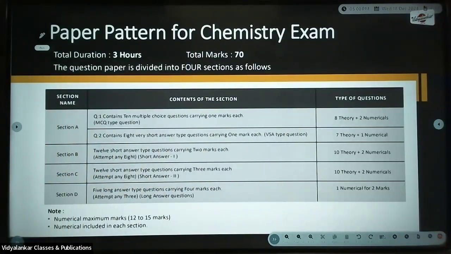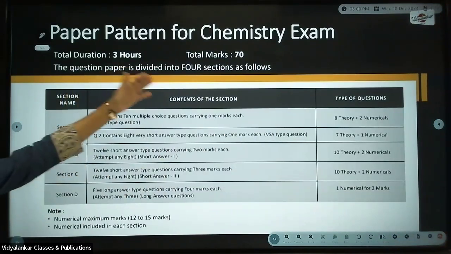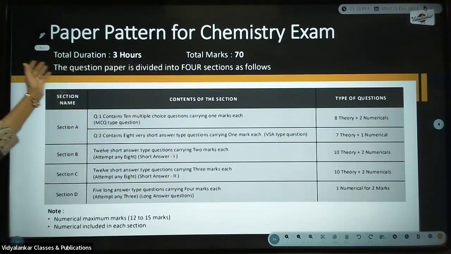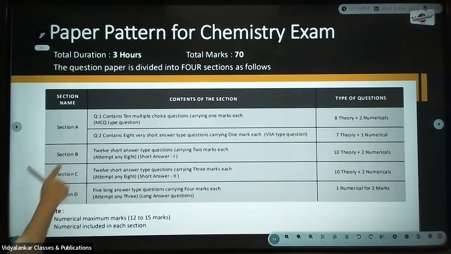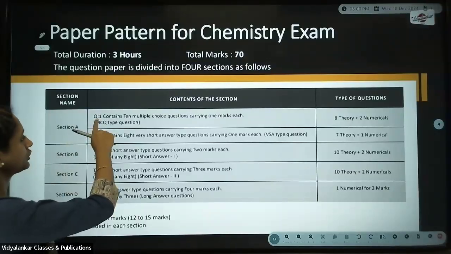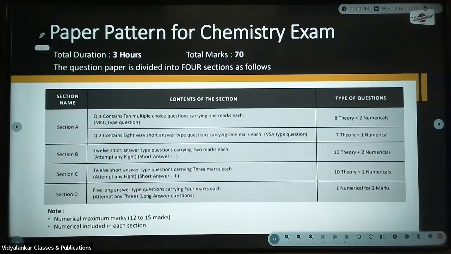Our paper is of 70 marks, for which the time duration is 3 hours. Our paper is divided into 4 sections: section A, section B, section C, and section D. Section A has 2 questions, question number 1 and question number 2.